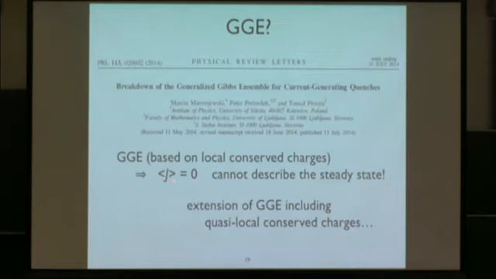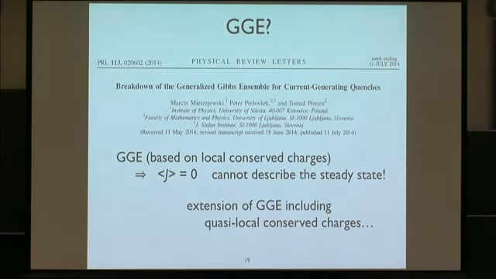So if you believe in linear response theory or in our numerical calculation, in the gapless phase the asymptotic value of the current is non-zero. So that stationary state has non-zero current, and that cannot be described by this standard GGE, at least.